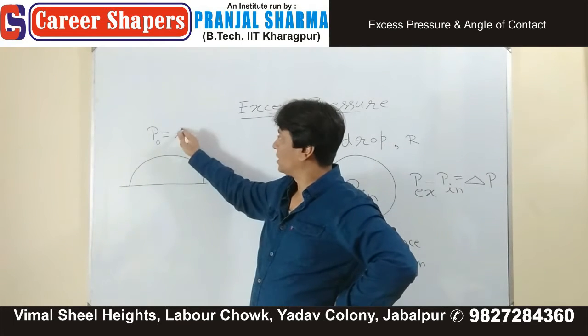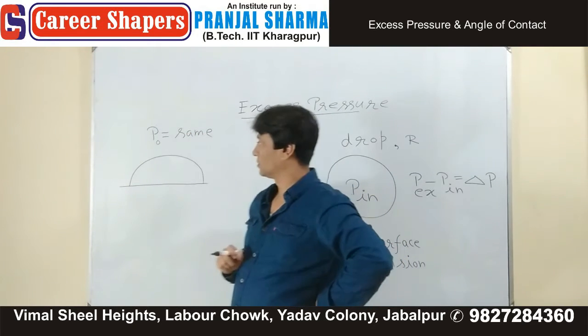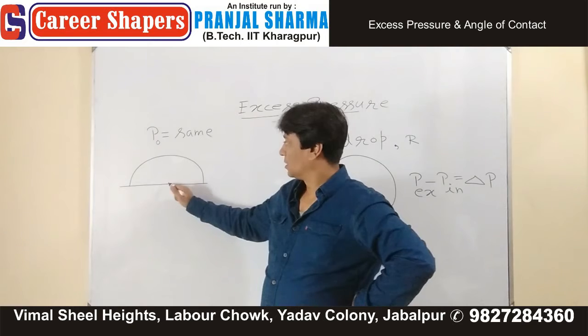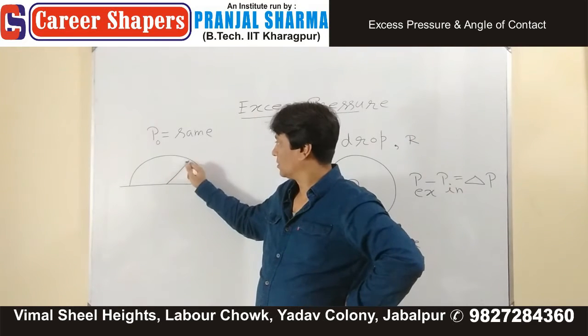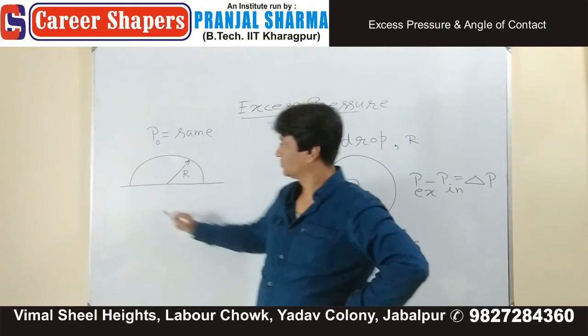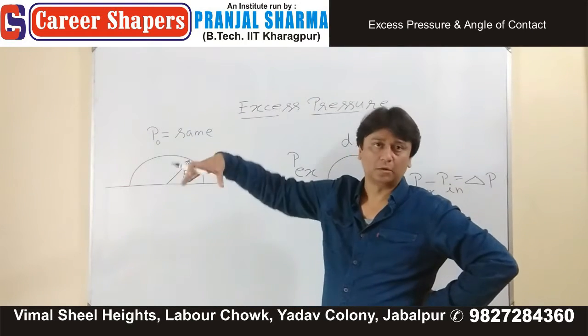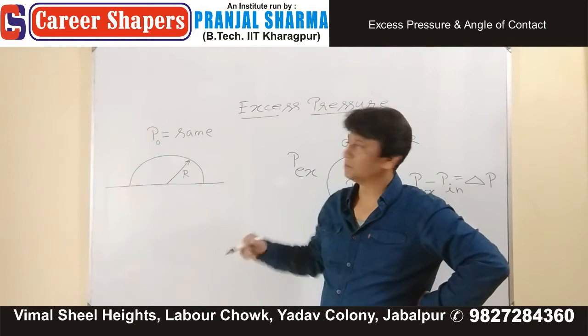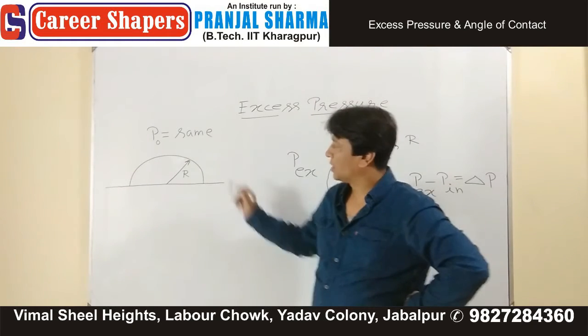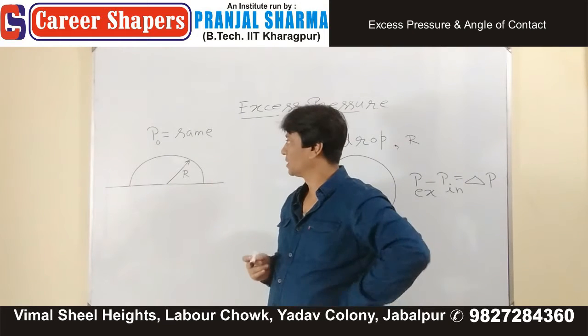This P naught is the same throughout. This radius is R. It's a hemispherical ball, placed upside down in this form, and in the outside region pressure is the same.